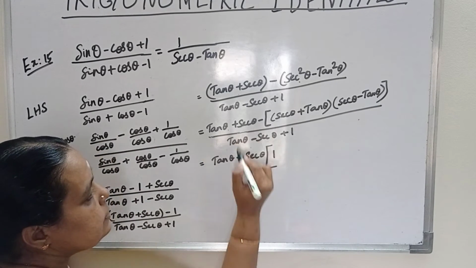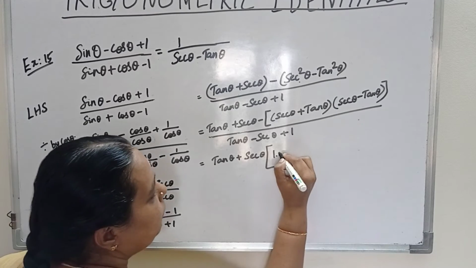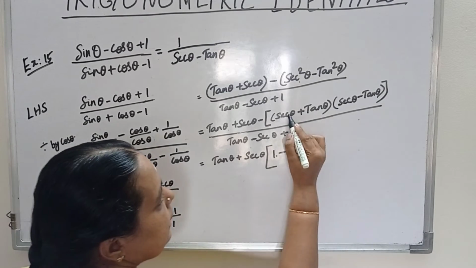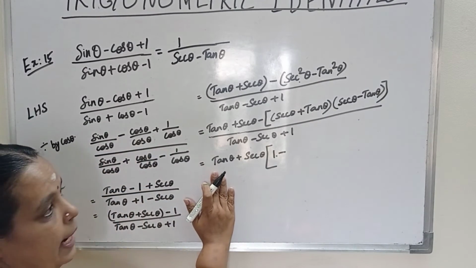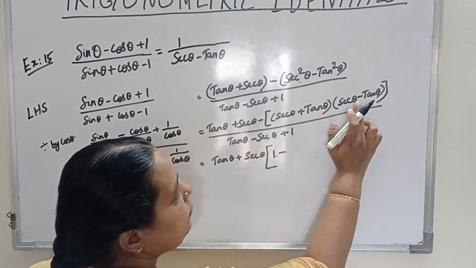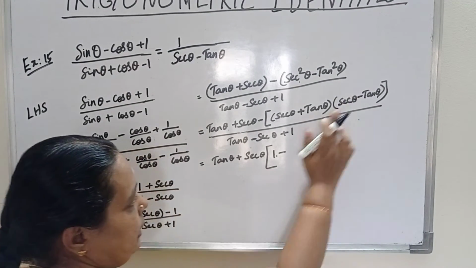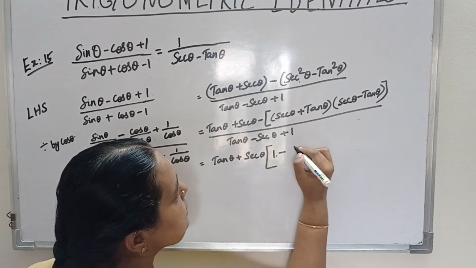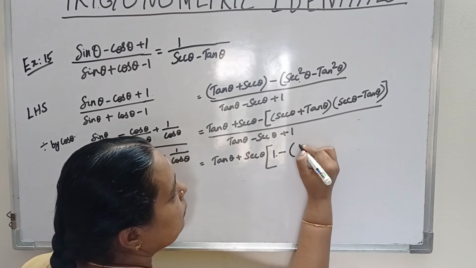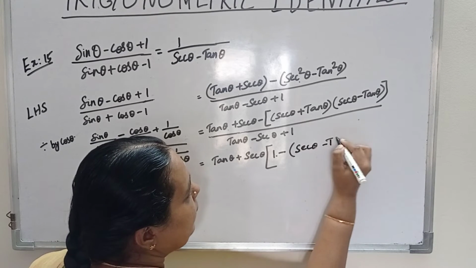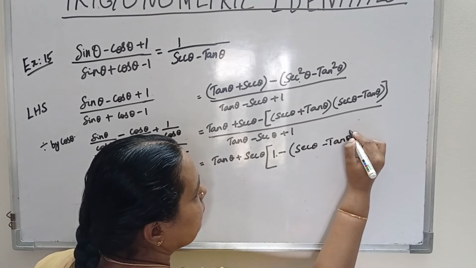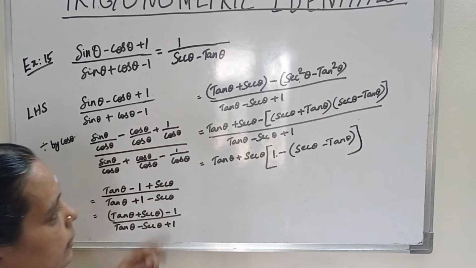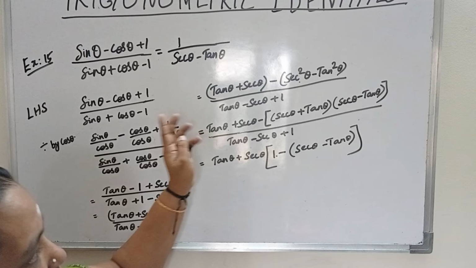So instead of this, we will be writing it as 1 minus, here secant theta plus tan theta is taken outside. So we are left only with secant theta minus tan theta. So 1 minus secant theta minus tan theta. Understood? We are taking tan theta plus secant theta outside.